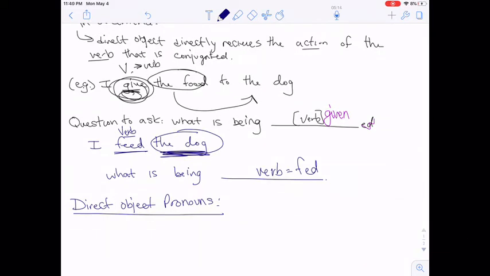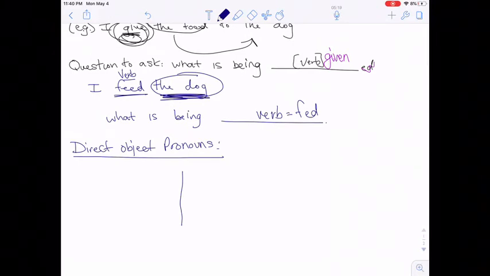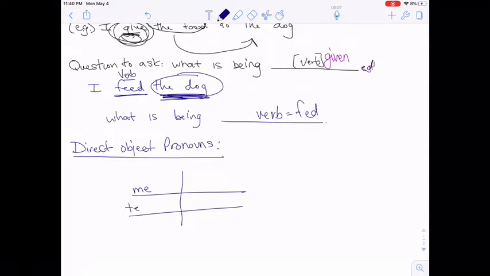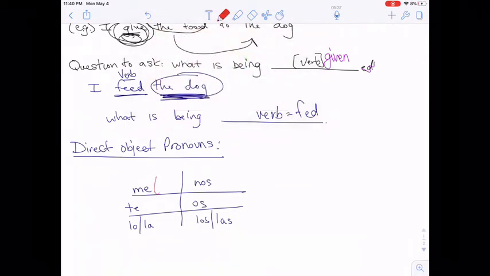So we can ask ourselves the same question. What is being blank? Insert the verb there. The verb equals fed or to feed. So what is being fed? We answer that question by saying the dog. The dog is the direct object in that sentence.